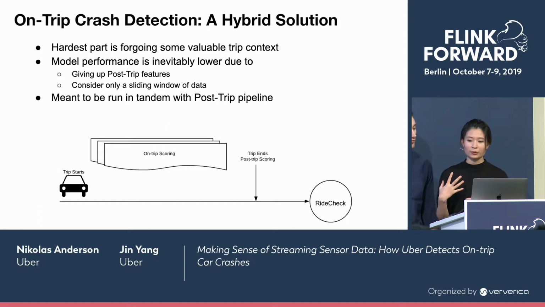For example, whether or not the rider eventually reaches the destination, whether or not the rider or driver canceled the trip in the middle of the trip. So therefore, we propose a hybrid solution, which means during the trip, with the limited sensor data and business context that we get from the trip, we continually score during the trip. And once the trip ends, our post-trip scoring jobs start to score the same trip again to comprehensively understand whether or not this trip was involved in a car accident.